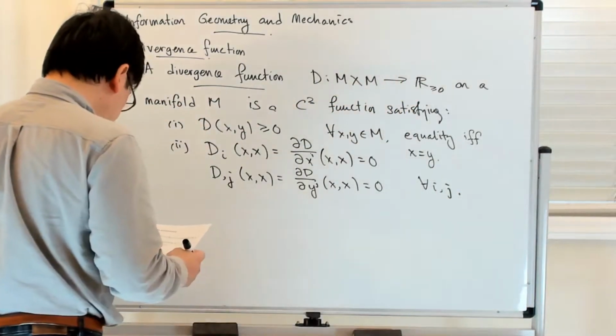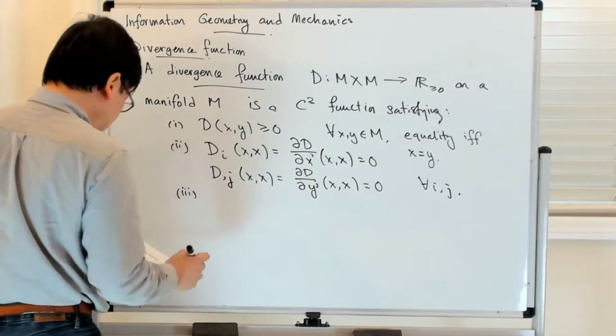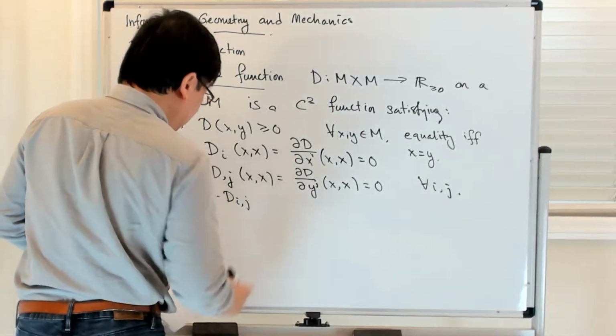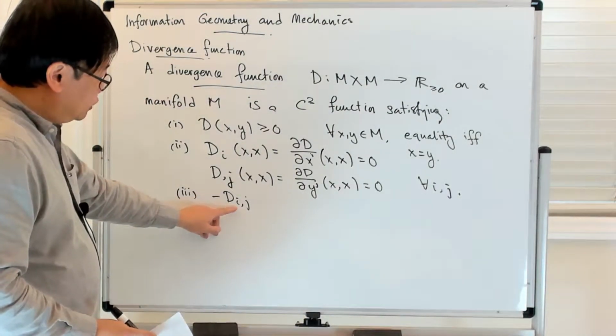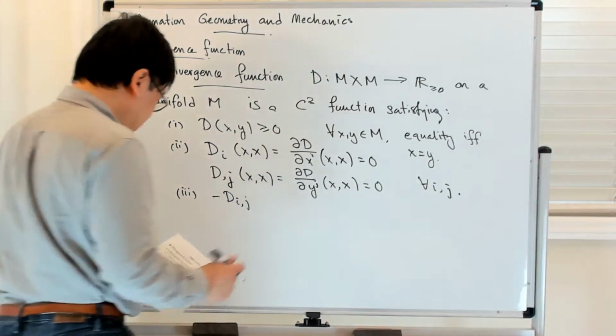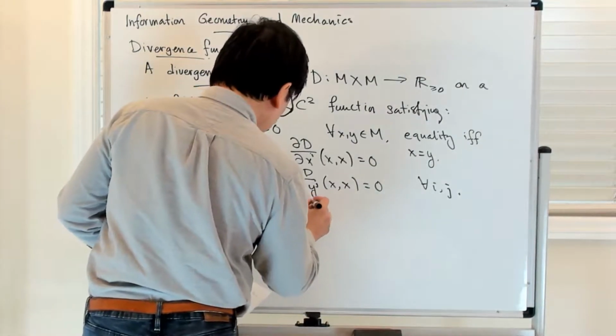Okay. The third thing is that the mixed partial derivative, the negative of D_{i,j}, which is the second derivative of D with respect to x_i and y_j, again evaluated along the diagonal, is positive definite.